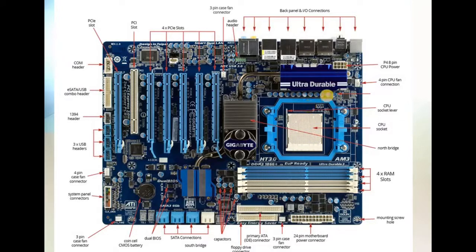And then we have the RAM slots, the primary memory, as we call it. We have 4 slots here, though some motherboards may have 3 slots. Usually we don't use all the slots, but these are for extension.